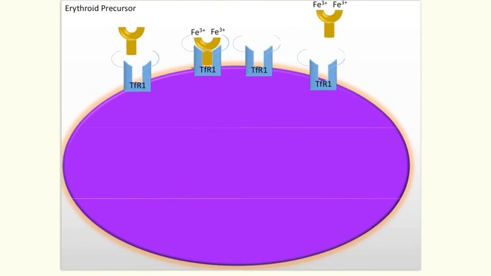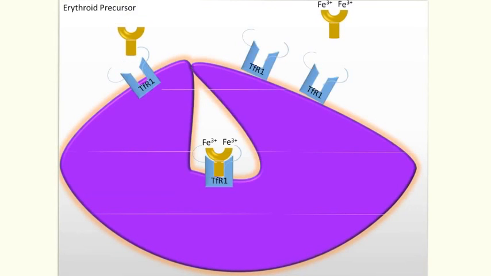The transferrin receptor can bind to iron-bound transferrin at nanomolar concentrations. It does not bind very well to non-iron-bound transferrin. Once it binds, it will endocytose the transferrin receptor in a clathrin-mediated process.